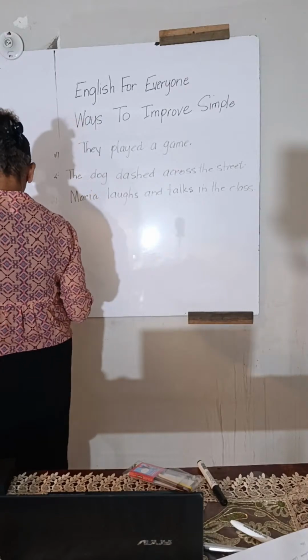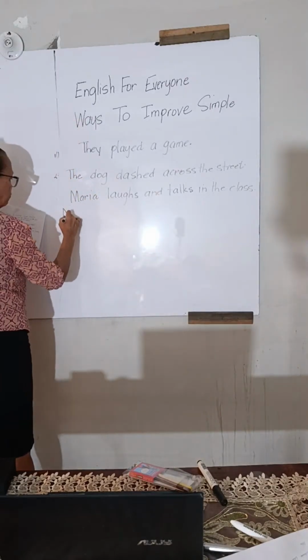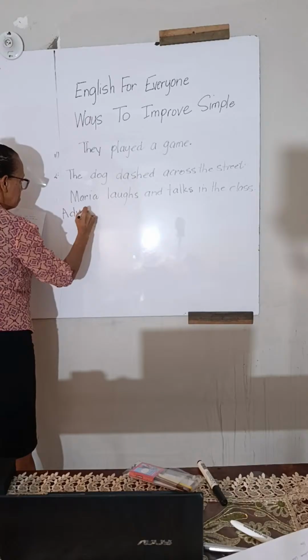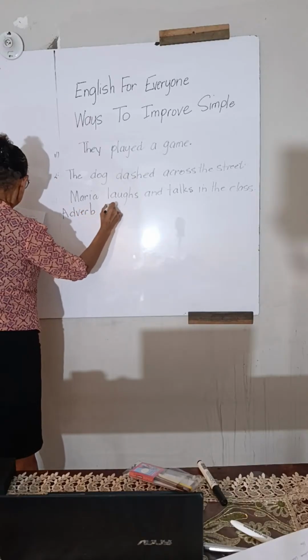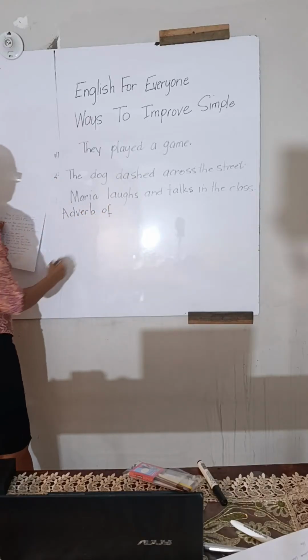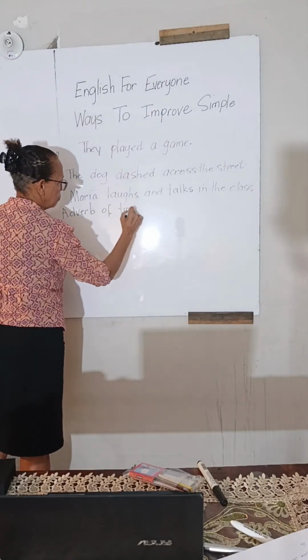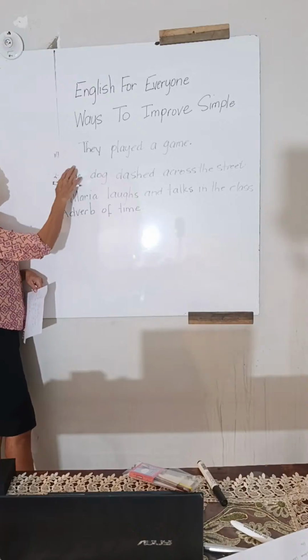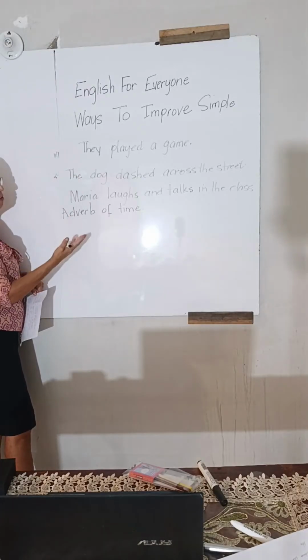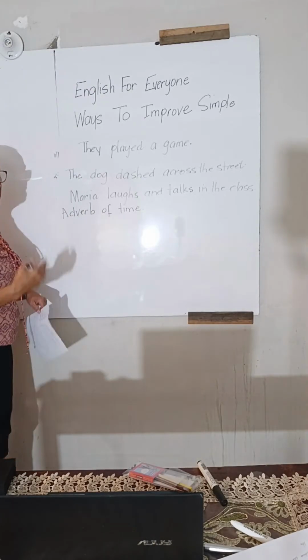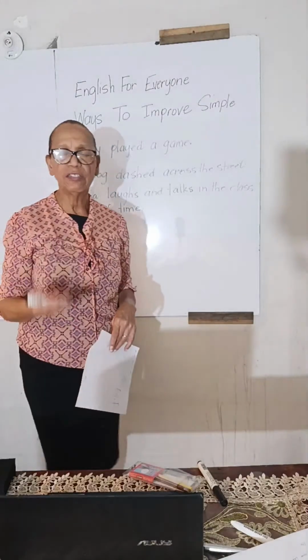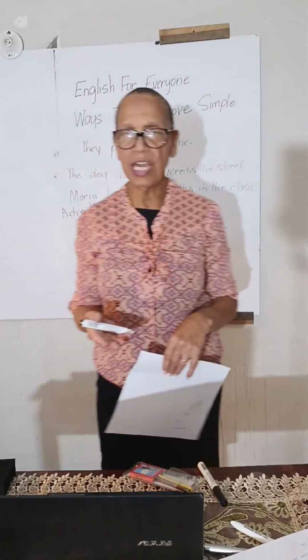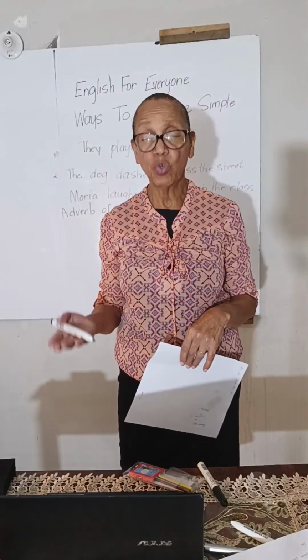So we could start with an adverb of time. So we could say it. Last night, an adverb of time when it happened. Last night, this morning, yesterday, at school.